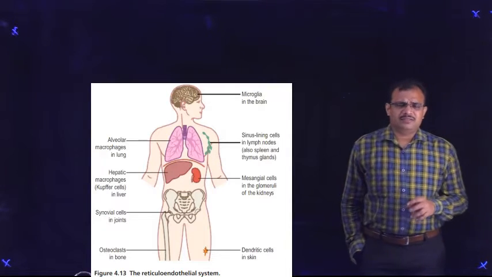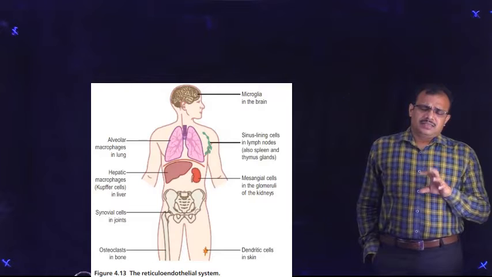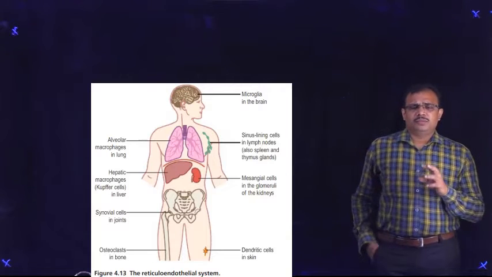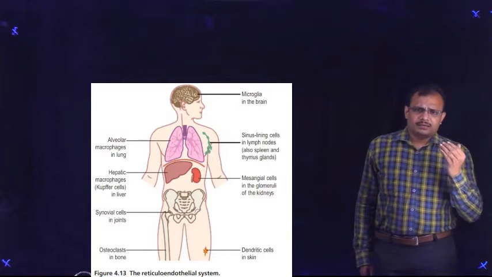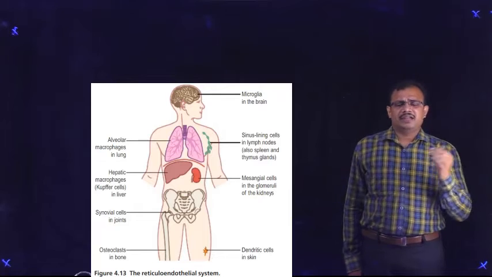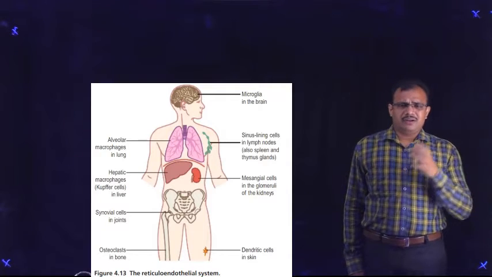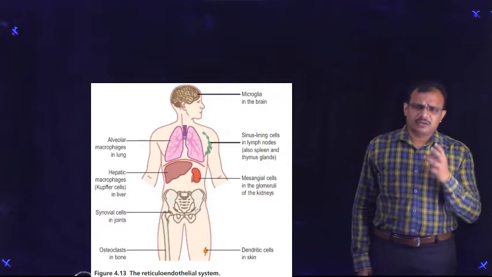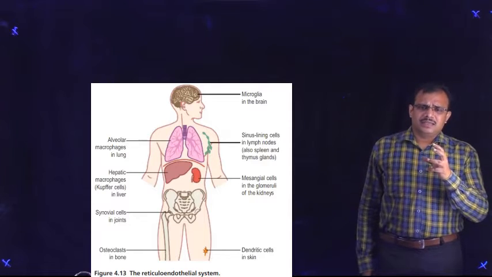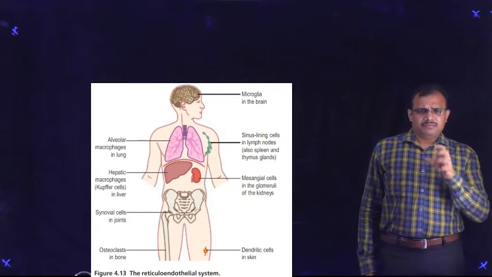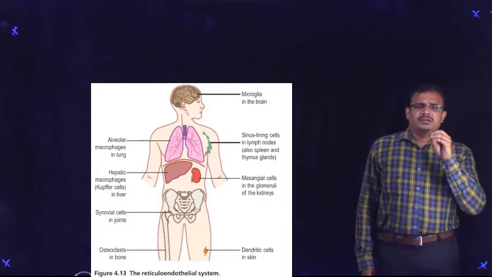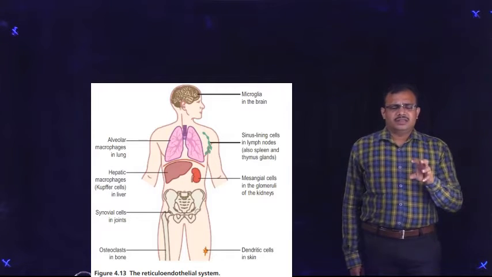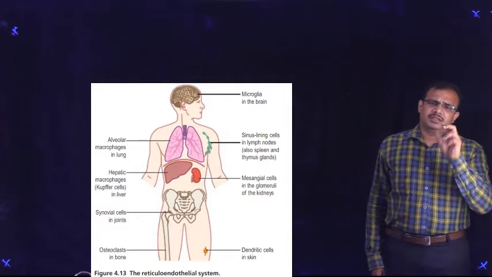So these are the different types of cells which the monocytes are transformed into in different types of tissues, and in all these regions they are involved in phagocytosis of the foreign invasion or cell debris that occurs in that particular tissue.